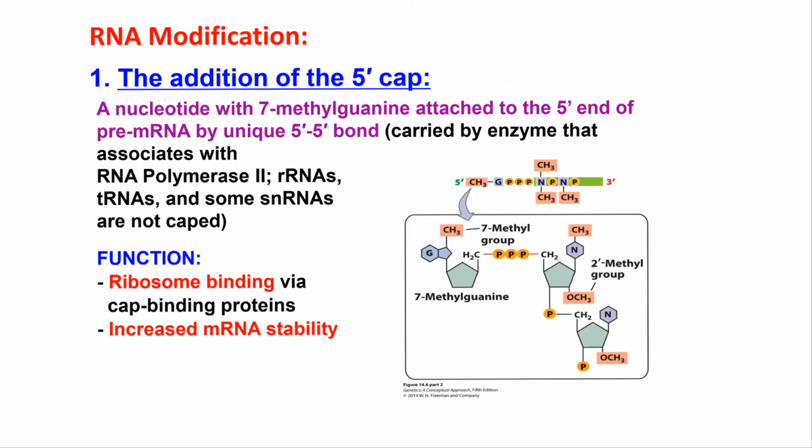The addition of the 5' cap takes place rapidly after the initiation of transcription, and it is a very unique 5' bond. As you can see right here, 7-methylguanine is attached through a 5' bond to the 5' end of the RNA.